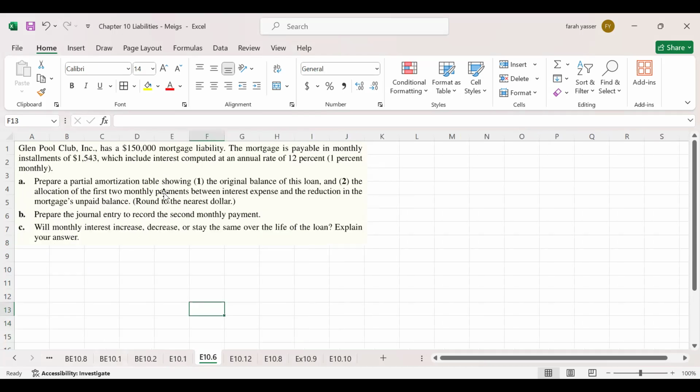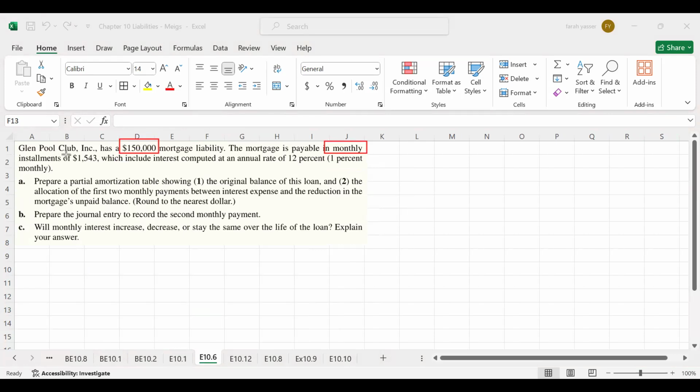Now we have another example. This is exercise 10.6 from the same book, and we have different data. So let's get started. Total amount borrowed is $150,000, and this amount is payable monthly.